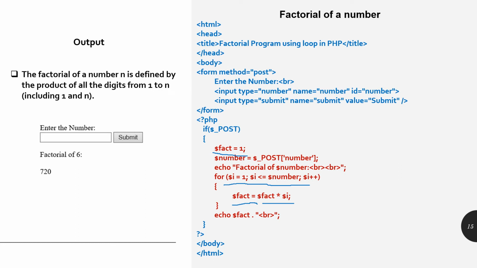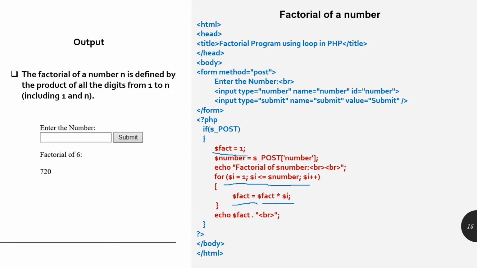Now that much is done, right? 1 into this particular thing, 1 into 1. So here 1. Next this will be incremented. That time it will be 2. So 1 into 2, so 2 will be stored.